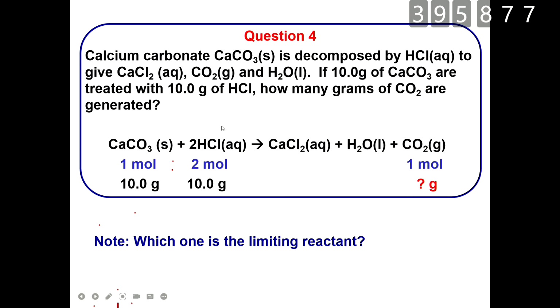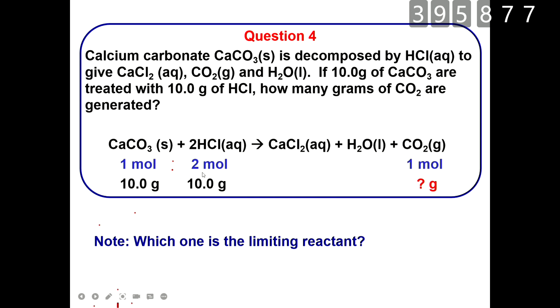So basically, in this question, we know the mass of the reactant. We need to transfer the mass to mole. So 10 gram, for this one, is 0.1 mole. This one is 0.27. The ratio is 1 to 2, so it only needs 0.2. So this means this one is in excess.